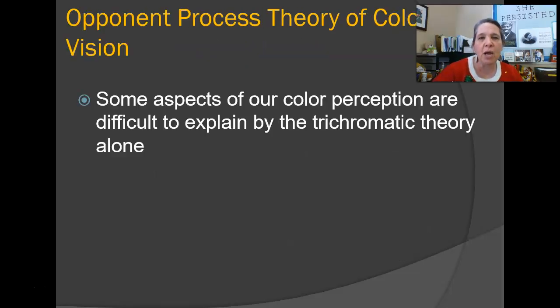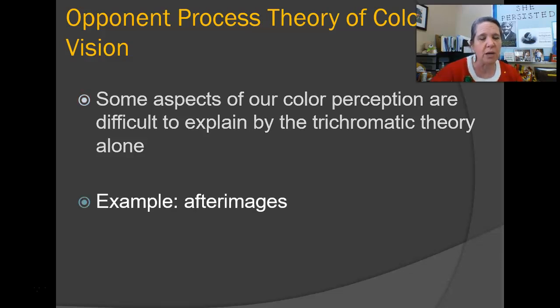The other theory on color vision is called the opponent process theory of color vision. So these researchers said that there are some things that we see in color that are not explained by the trichromatic color theory. So they came up with a different theory to talk about those things that are not explained by trichromatic theory.